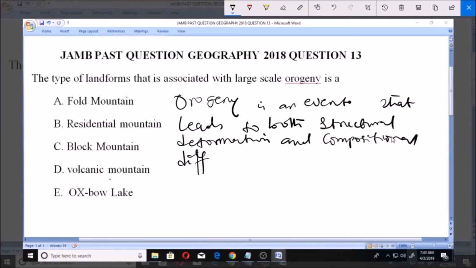So that is what orogeny is, an event that leads to both structural deformation and compositional differentiation.